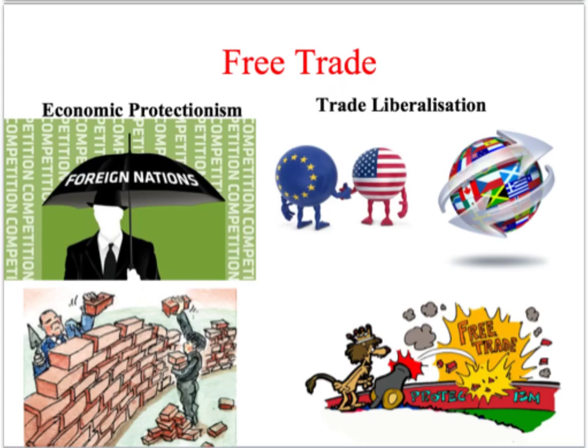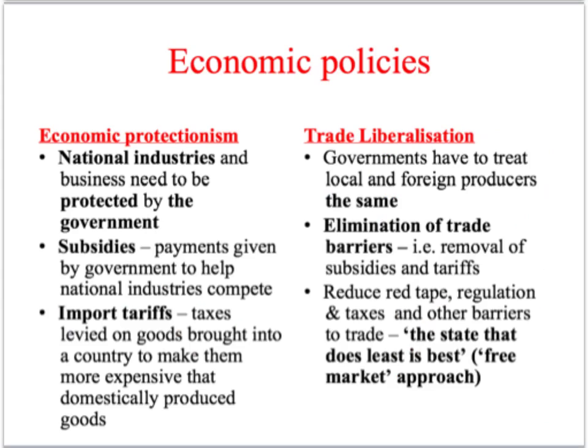So this involves a process of trade liberalisation where governments are encouraged to remove trade barriers that inhibit trade across borders. So in this slide we see the contrast between economic protectionism on the one hand and trade liberalisation on the other. So economic protectionism involves national governments trying to protect domestic producers, trying to protect the businesses and industries that reside within that country.